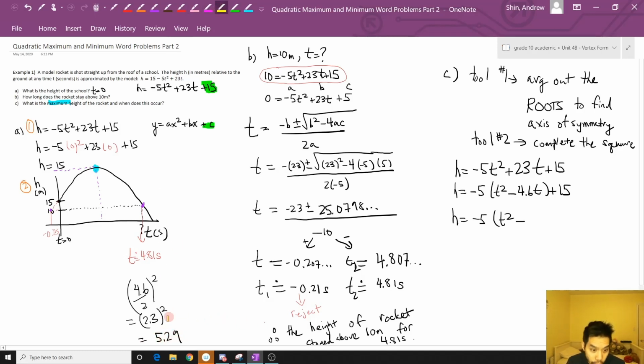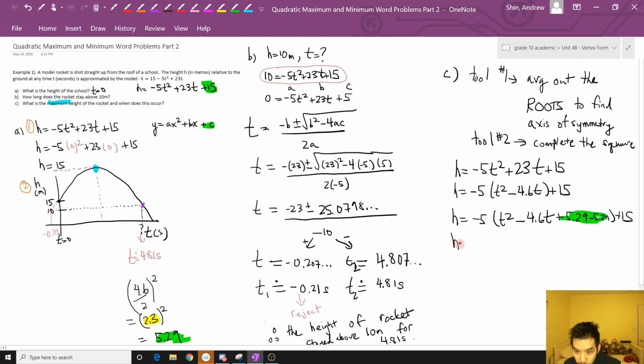I'm going to highlight this one because this is the important value that will show up at the end. So 5.29 is what we're going to add and subtract in order to create a perfect square trinomial. Plus 5.29 minus 5.29, close that bracket, plus 15. The 5.29 and -5.29 come from here.